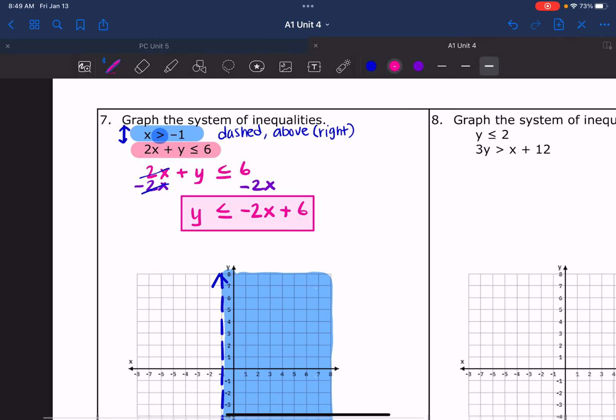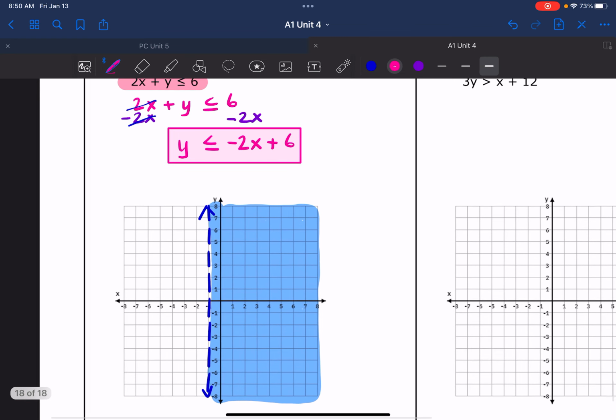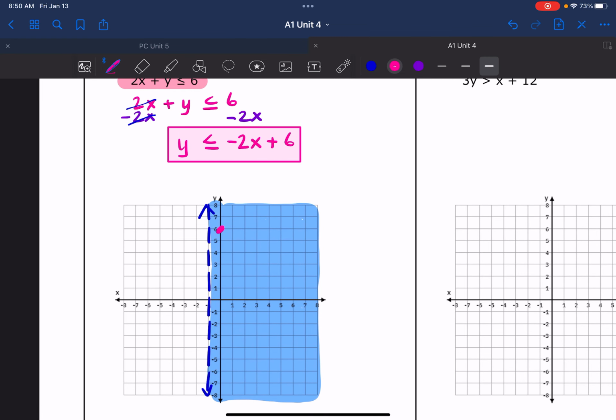Okay, so y-intercept at +6. That's up here. And then our slope is -2. Anytime it's a whole number, put a 1 underneath. That way we know that we're going down 2 to the right 1, down 2 to the right 1.